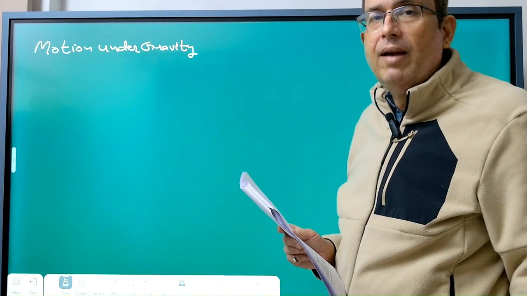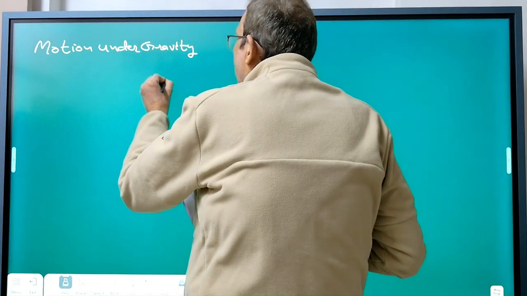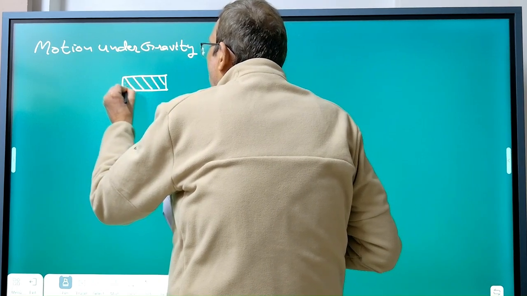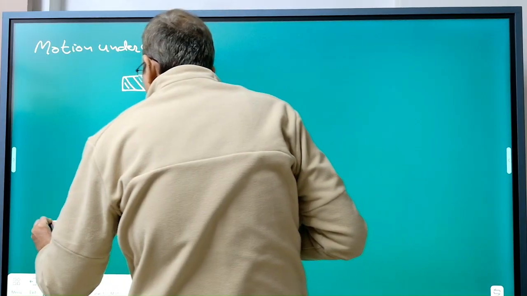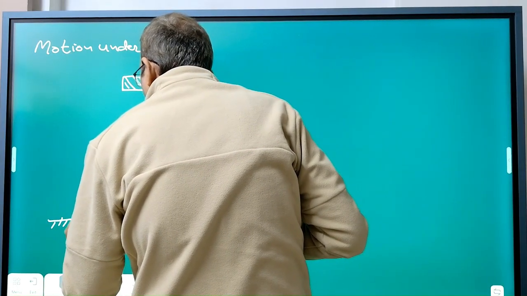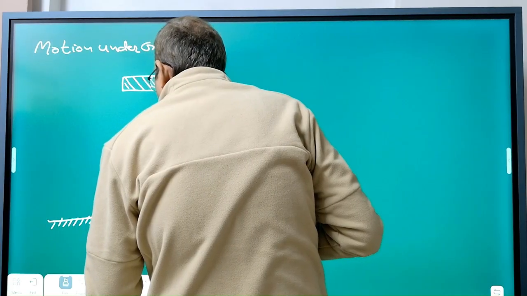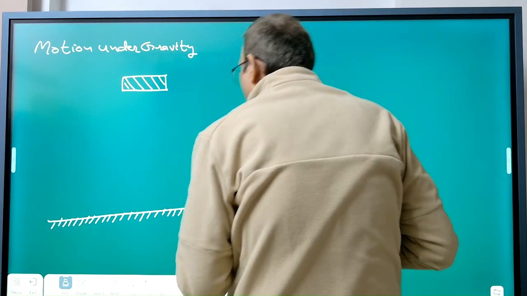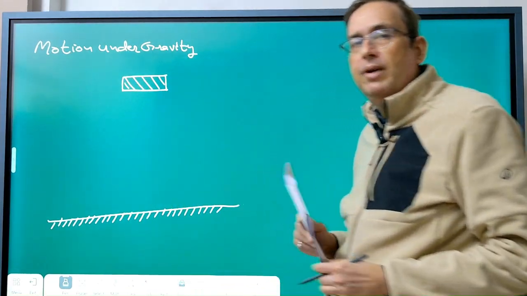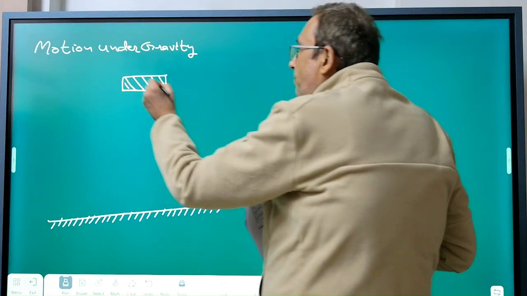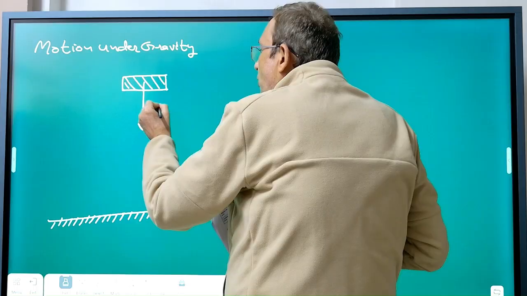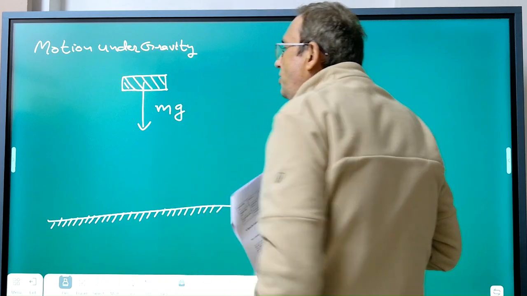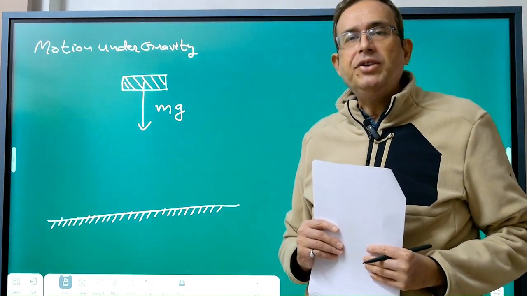Let us say there is an object somewhere above the ground, and this is the ground. It is being pulled by the earth with some uniform force which depends upon the mass of the object and a quantity g, which is called the acceleration due to gravity.